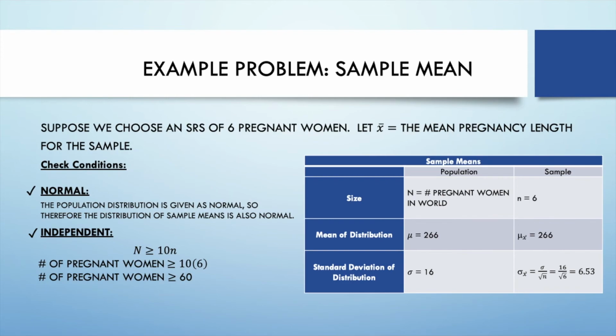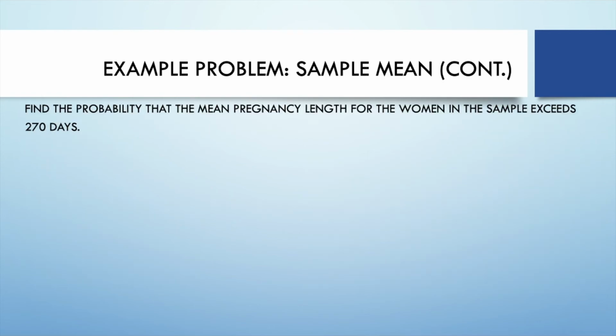Now we can ask a question about the sample mean distribution, the sampling distribution. It wants you to find the probability that the mean or average pregnancy length for the women in the sample of size 6 exceeds 270 days. Now be careful, this is very different from the first question.